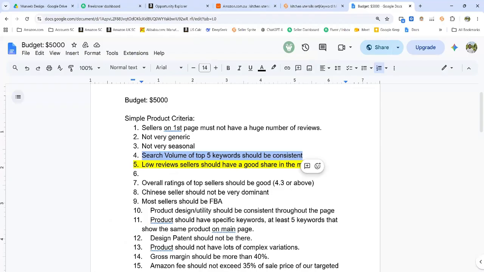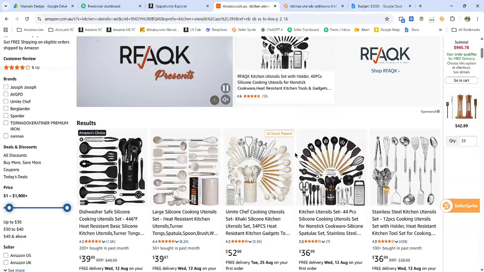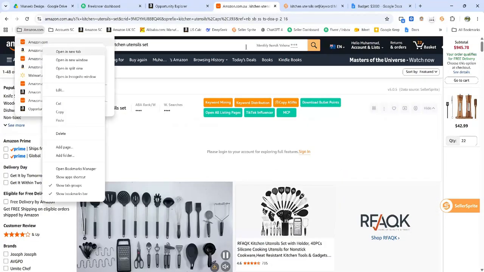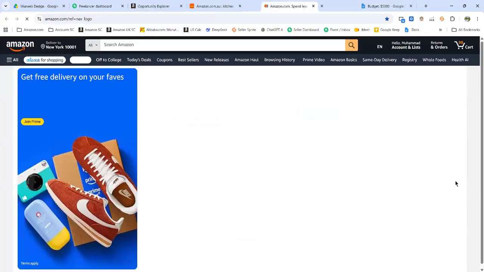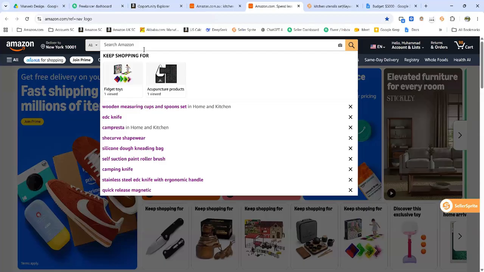Okay, the next check mark is low review sellers should have a good share in the market. Again, this point we have discussed. Usually, let's take an example so that I can run the Seller Sprite product research tool.